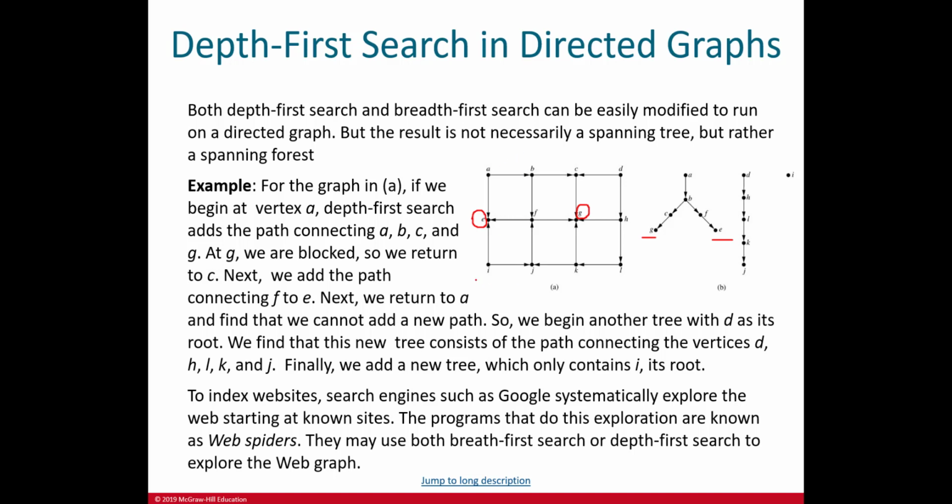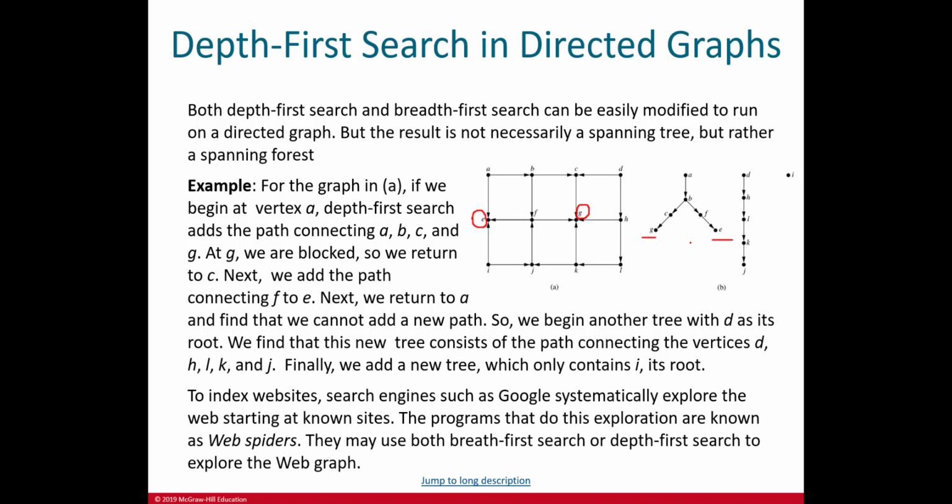Here we begin another tree with D, and this new tree consists of this particular given path. Again, I was not covered by this tree either, so we just wrote I as it is, and we added another tree which only contains I as its root. So with directions, it is not that straightforward to get a connected tree.